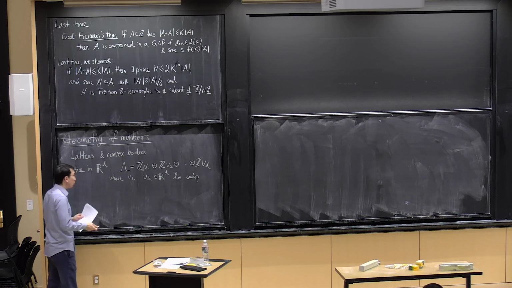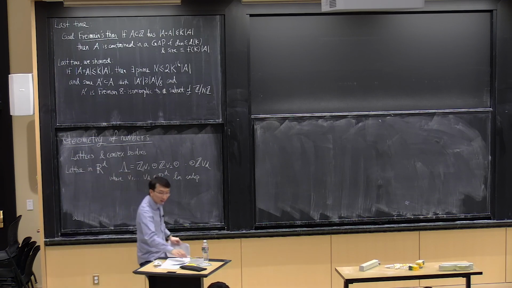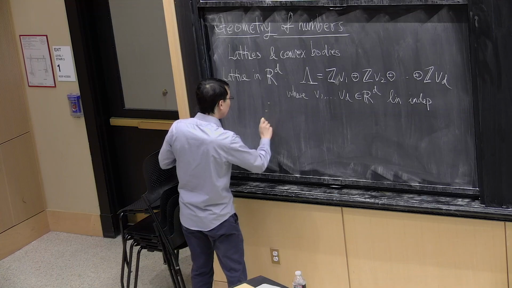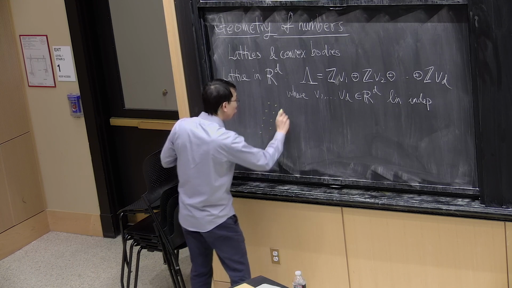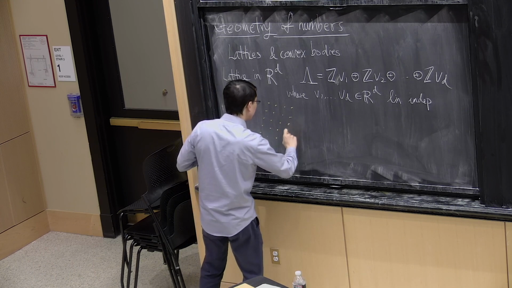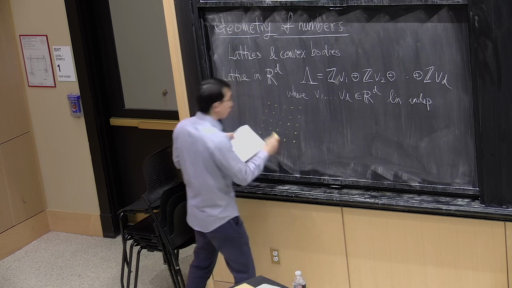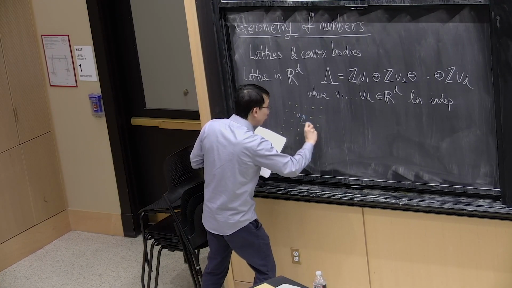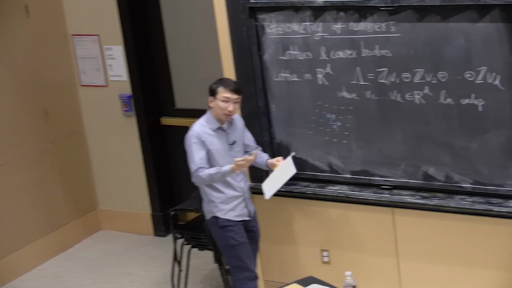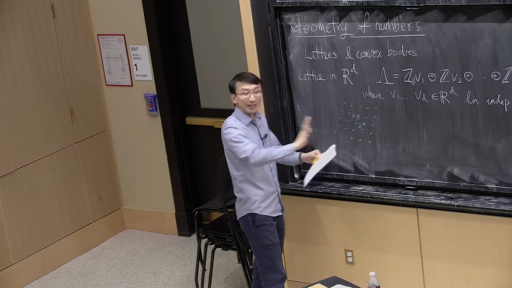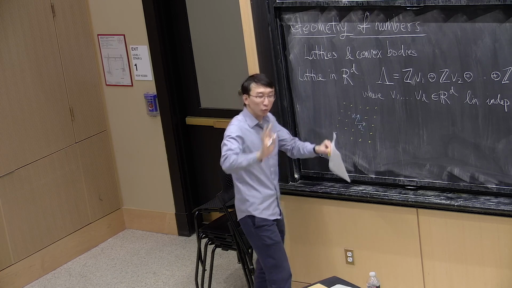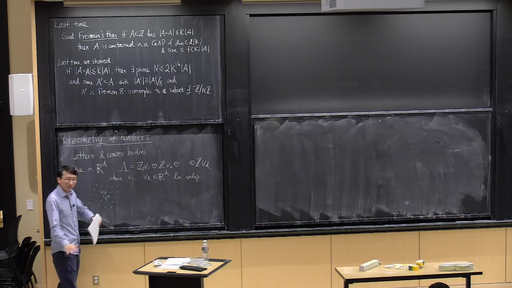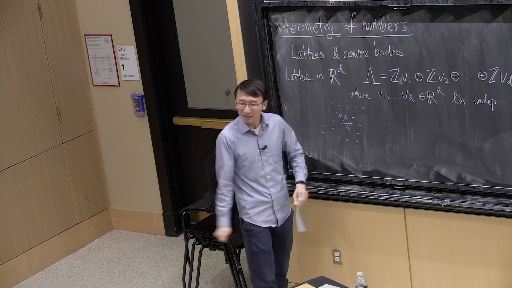I think this is best explained with a picture. Here I'm drawing a picture in R^2. This picture extends in all directions. If I start with two vectors, v_1 and v_2, linearly independent, and look at their integer span, that's a lattice. That's what a lattice is. You can come up with all sorts of fancy definitions, like a discrete subgroup of R^n, but this is what it is.